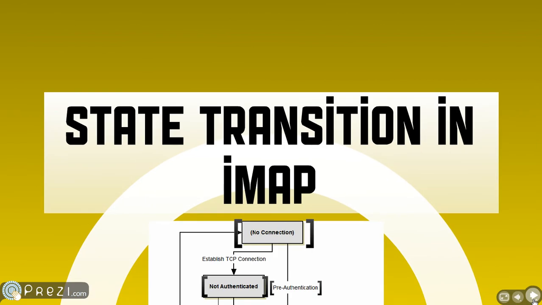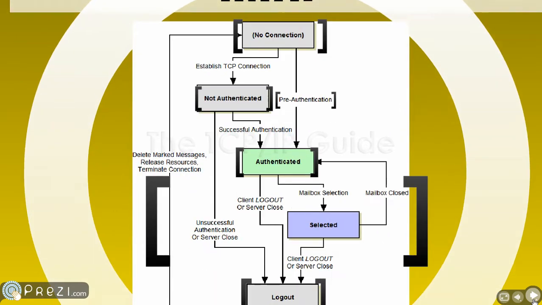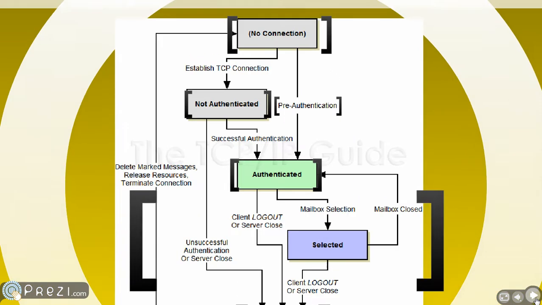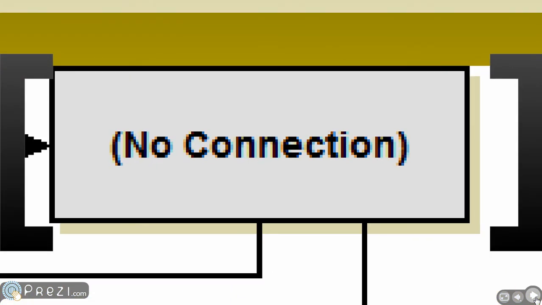Now, let's see a typical interaction between an IMAP client and an IMAP server. This state transition diagram shows the various stages of a session. Now, the client first establishes a connection with the server.